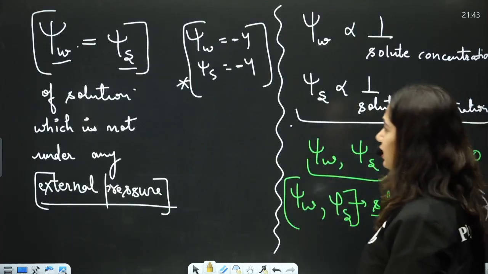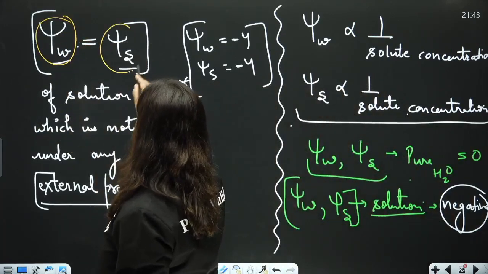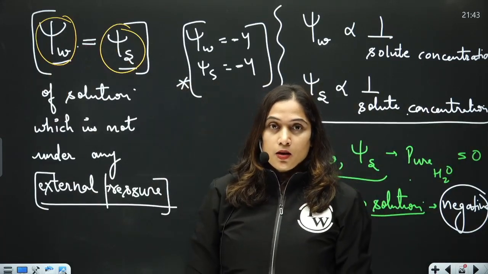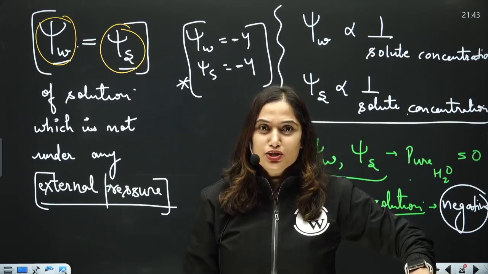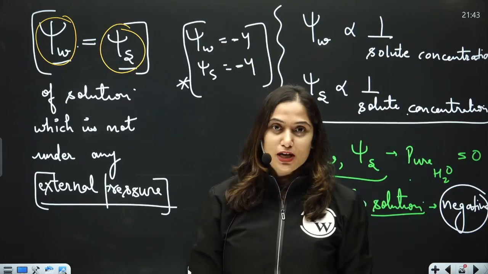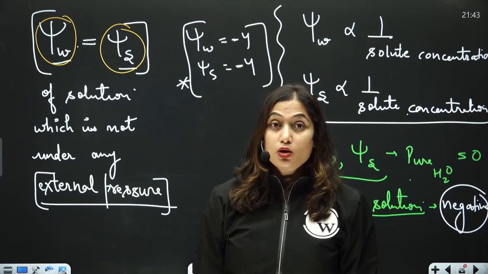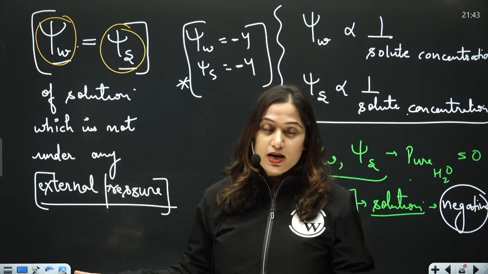So obviously now the water potential of the solution becomes equal to the solute potential. Because when you add sugar, the amount by which the water potential gets reduced is the solute potential. So psi W becomes equal to psi S. But under what conditions? Under the conditions of the same standard temperature and standard pressure.